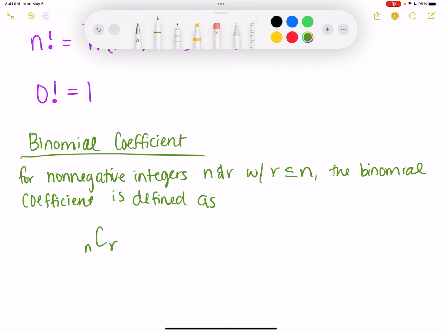I'll talk about that in a second. It is equal to, now this is a parentheses with an n and an r in here. Now, it is not a fraction, okay? This is n things, taken r at a time. So it's how many of them do I want out of how many I have total. But again, it is not a fraction. It's just a different way to represent what's written right here. This is equal to n factorial over r factorial times n minus r factorial.